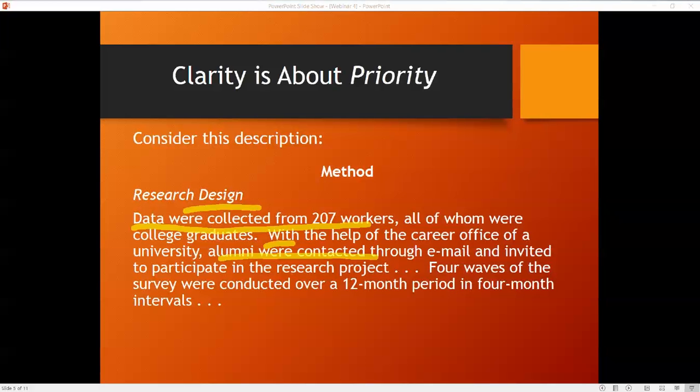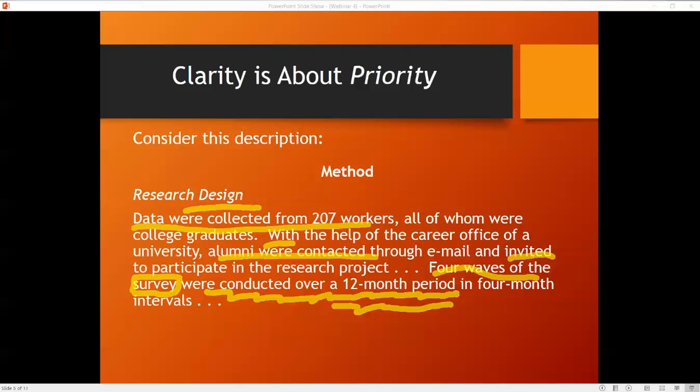And invited, there's another verb there. 4 waves of the survey, well, that's a noun, but you know that there is a method, a part of a methodology. And here, were conducted over a 12-month period in 4-month intervals.